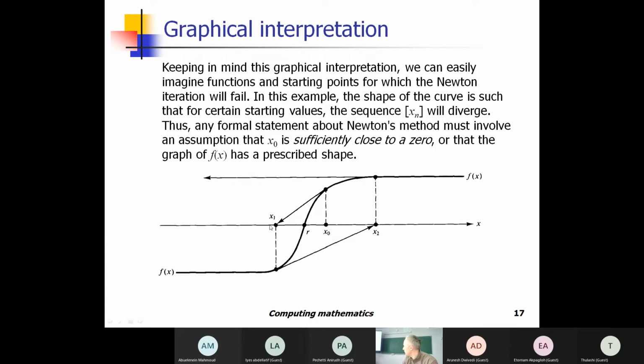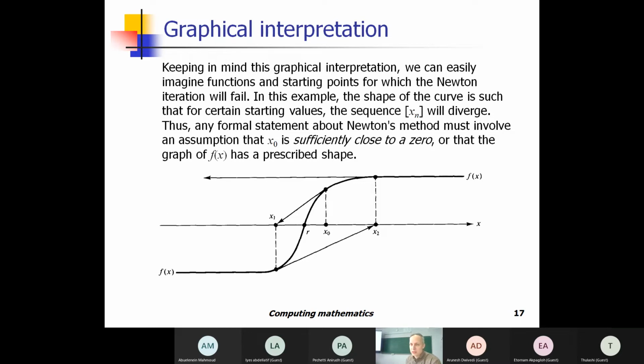This is the point x1. We find the tangent line and the intersection again. After that, you see that there is no intersection, because the tangent line at this point is parallel to the x axis. It never intersects. So the method failed to solve this problem, or we can say that the sequence will diverge.